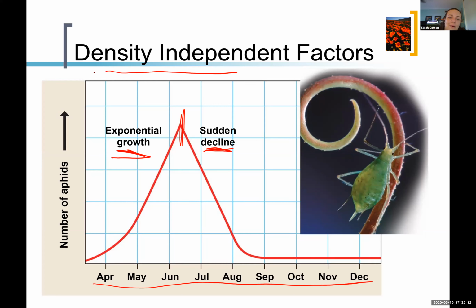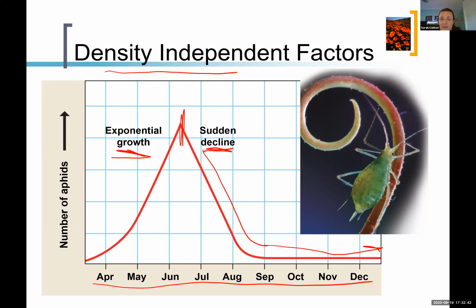Okay, so population goes down, and then over the cold winter months, there's a few around, but their population's real low. Okay, so many times density independent factors have an impact on population growth before density dependent factors can.